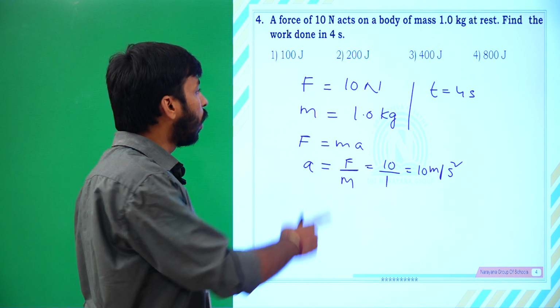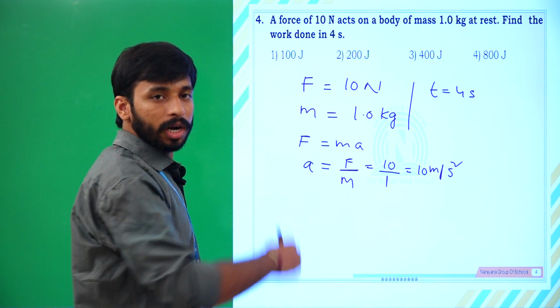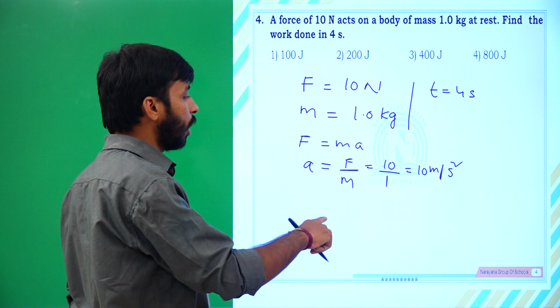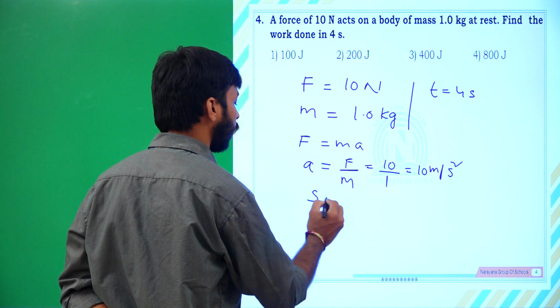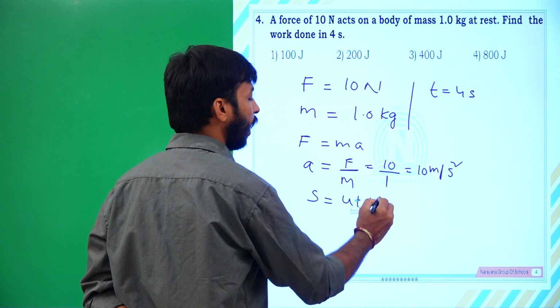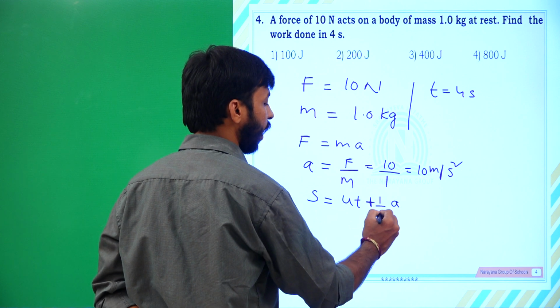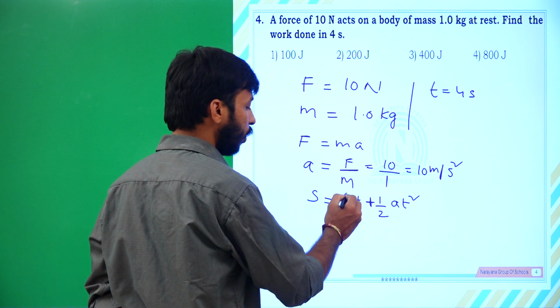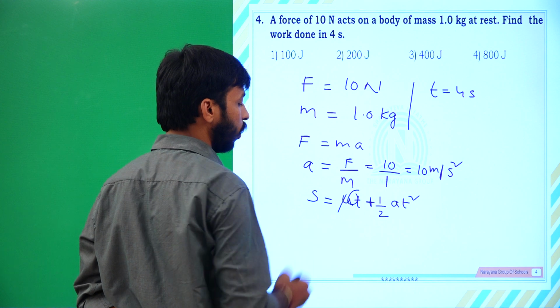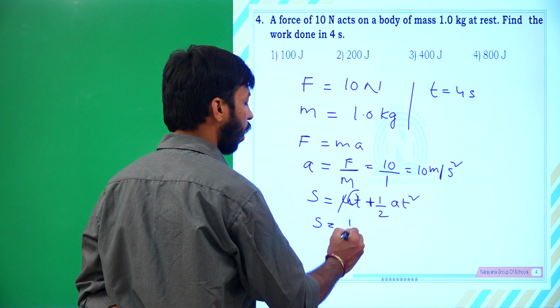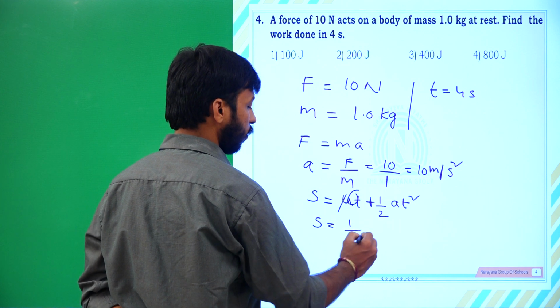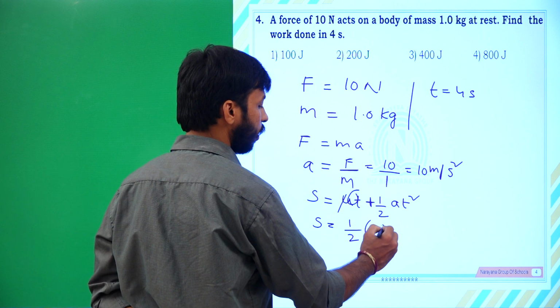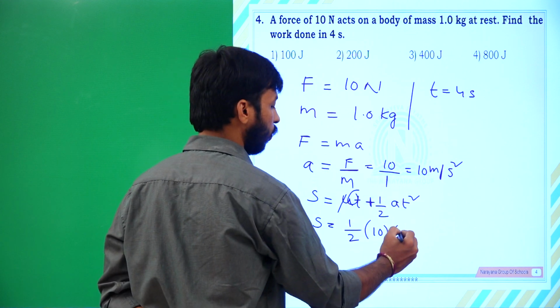Okay, in order to find the work done, which is equal to F into S, here you have to find the displacement. S is equal to ut plus half a t square. Initially it is at rest, so u is 0. So S is equal to half into a t square, that is half into 10 into 4 square.